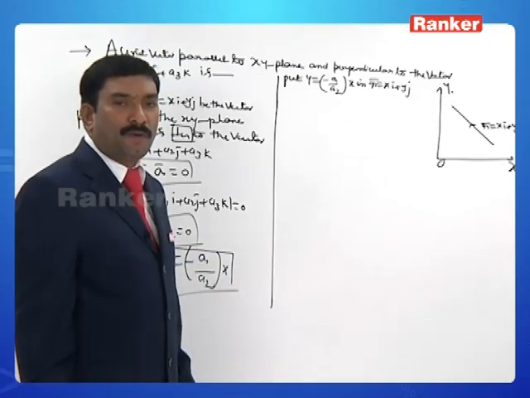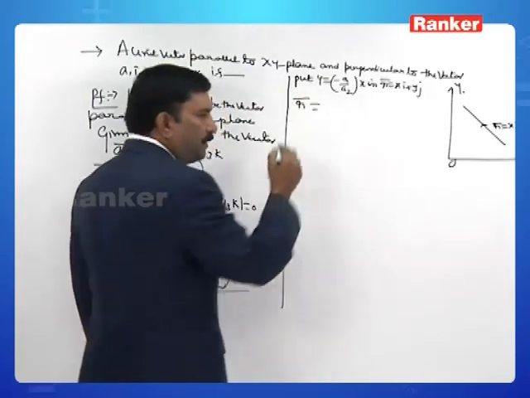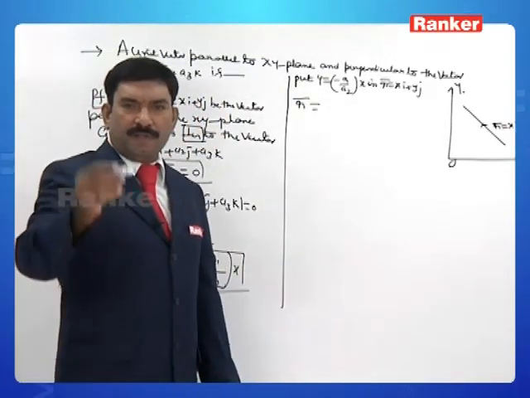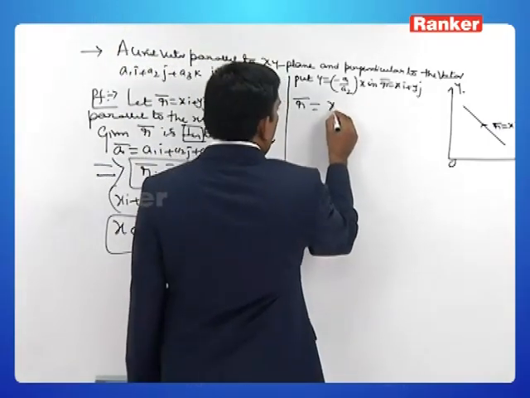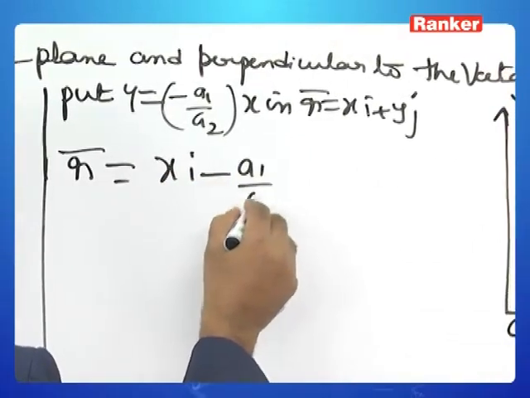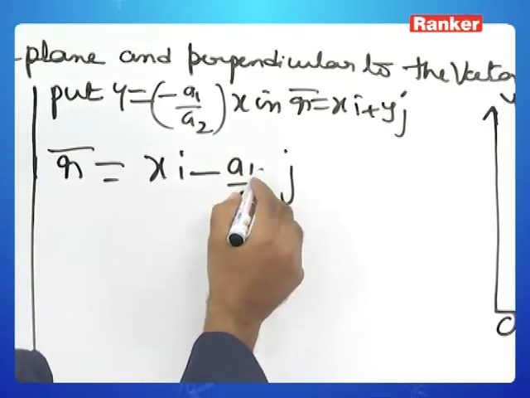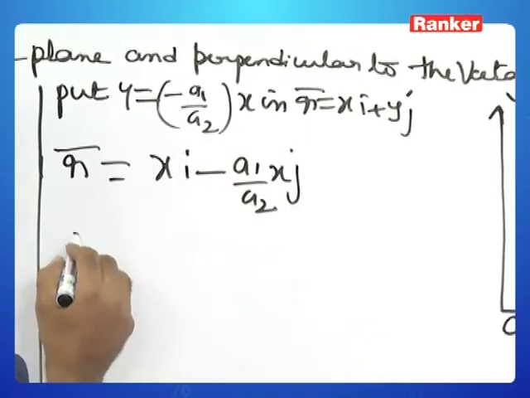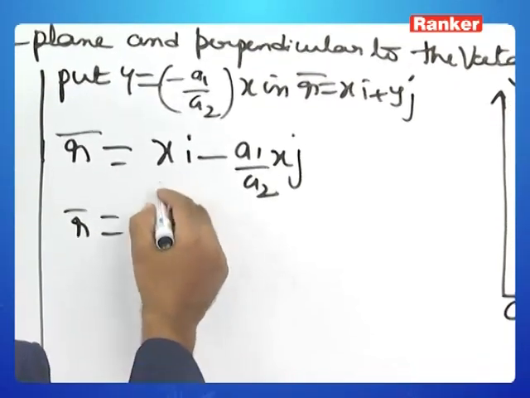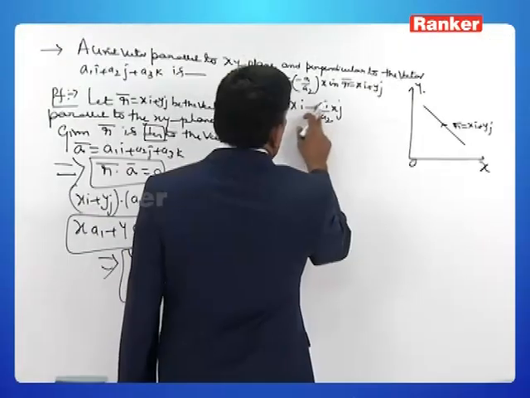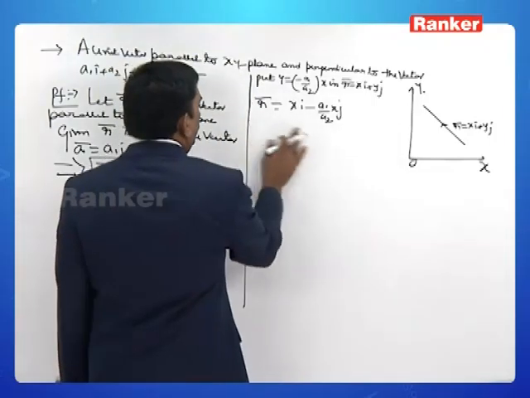So I can write r bar is equal to xi minus a1 by a2 into x j.